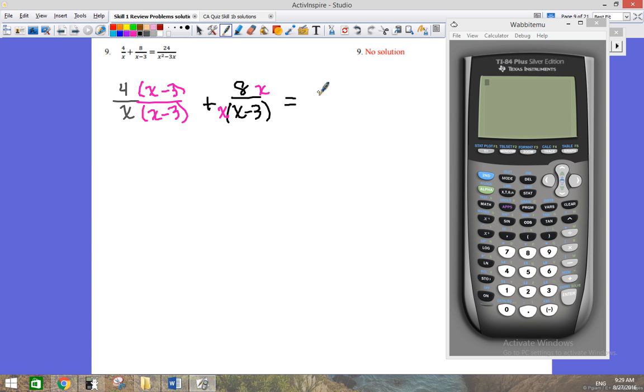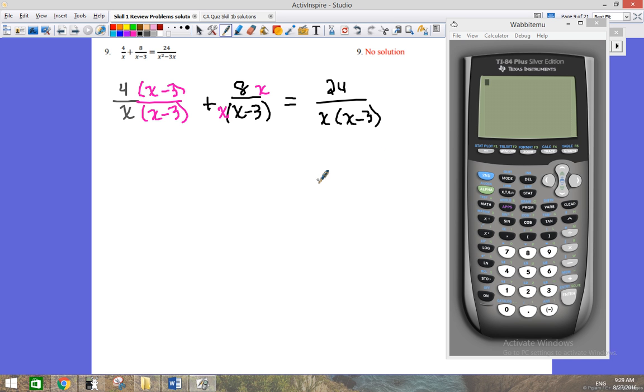You can multiply real numbers in any order, and we noticed that an x was common and that factors to x times x minus 3. So we have a common denominator everywhere.